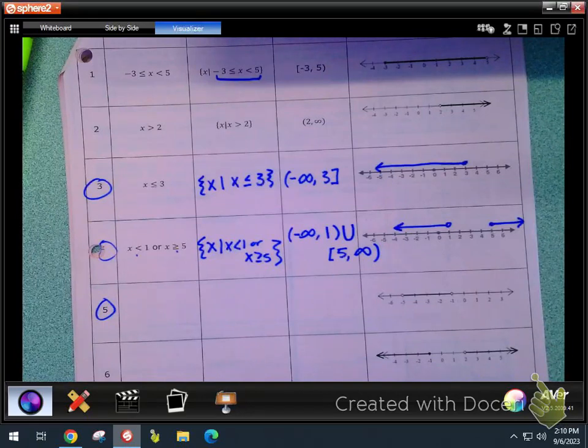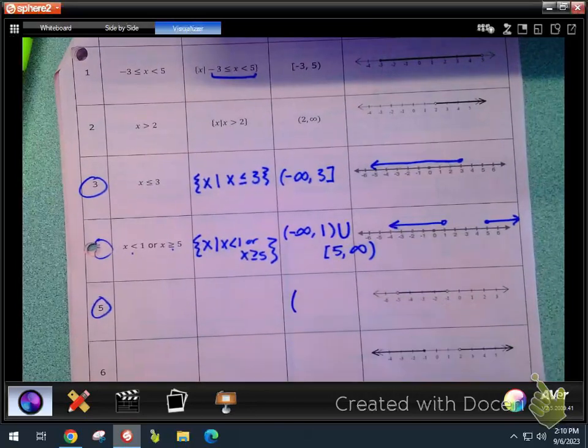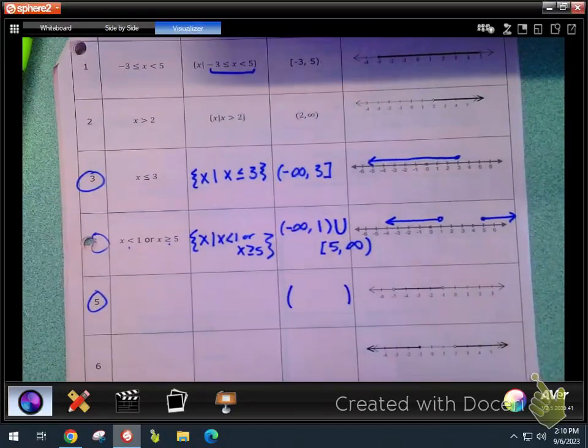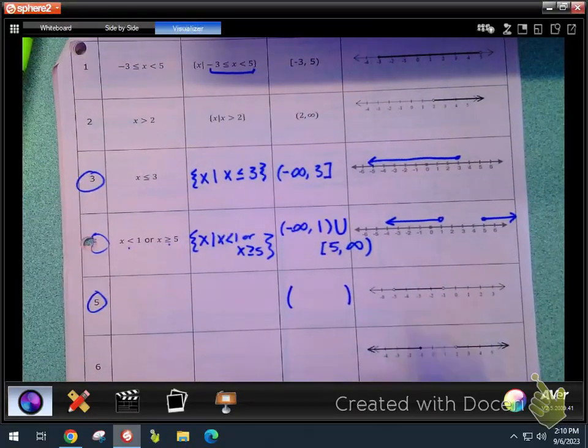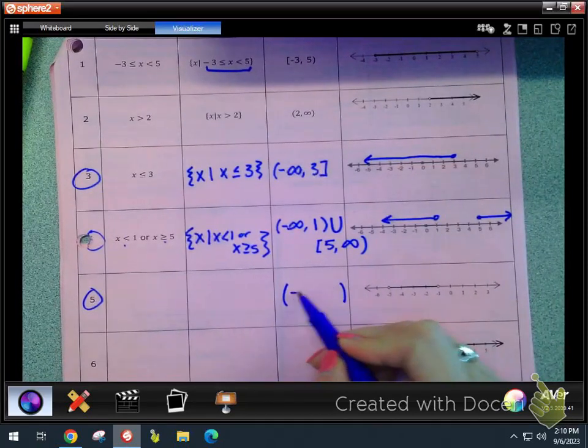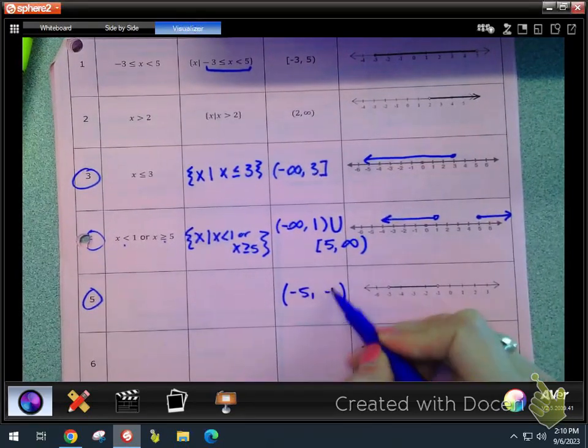How many intervals should you have on number 5? How many things are in your number line? Just 1. Okay? It will go from open circles. What are your numbers? -5 and -1.